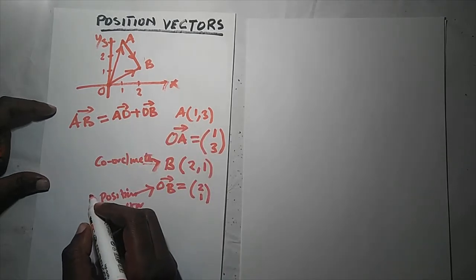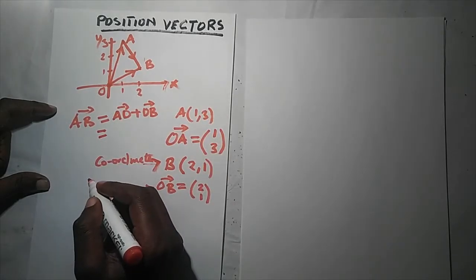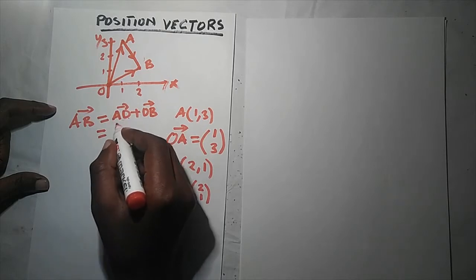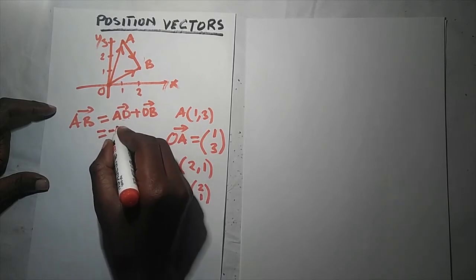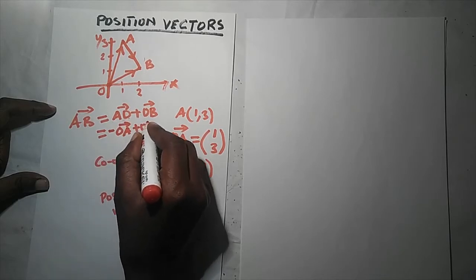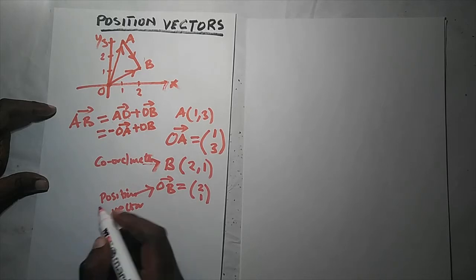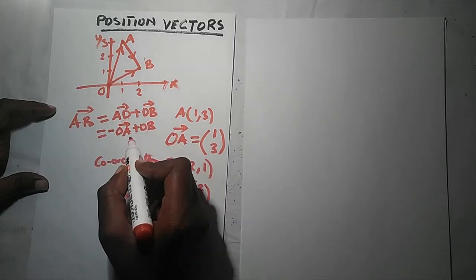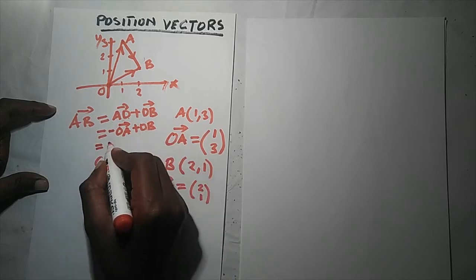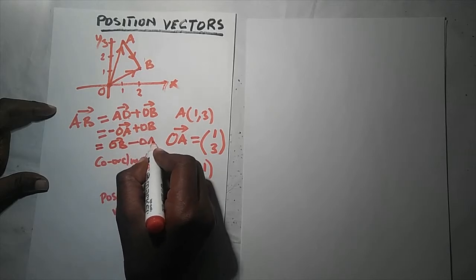Okay, so since our arrow is pointing in that direction for OA, so this one here, AO, can also be written as negative OA plus OB. Okay, so when you look at this here, you can also write it as, by starting with OB, this is OB minus OA.